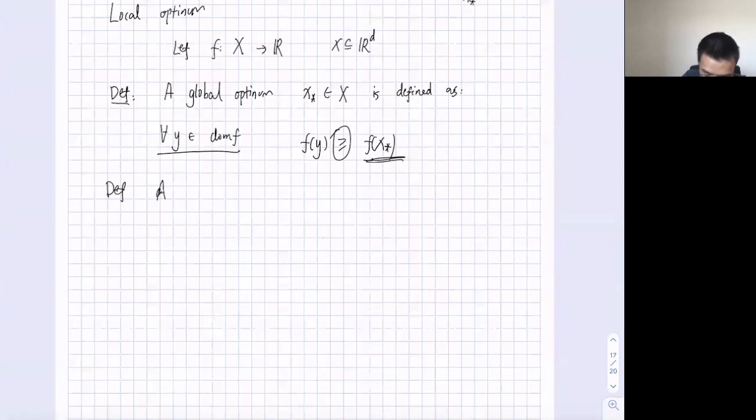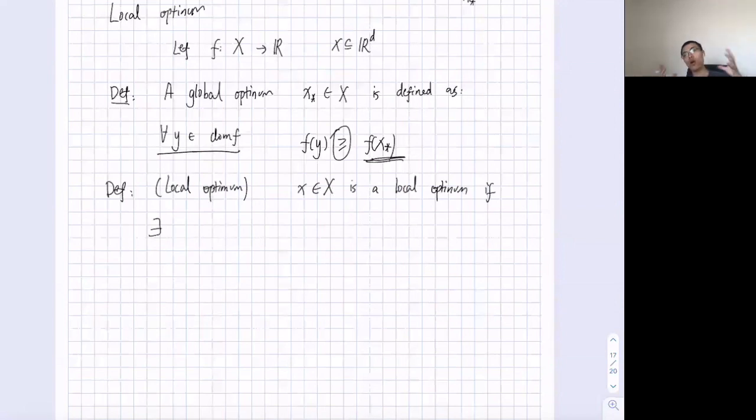Local optimum. I say x star in X is a local optimum if there exists a neighborhood.